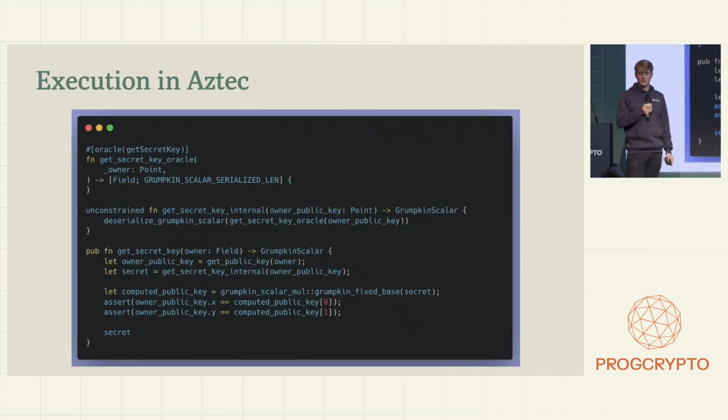To show you actually what's happening here, this is the use of the oracle again, but this is no longer within the Nargo sphere where you're working locally on your machine. This is within the Aztec execution environment, and it's actually going to be making a call to the Aztec RPC. So you've left the circuit environment completely, and you're actually accessing a database. You're fetching something from that database, which in this case is the secret key, and you're then going to be operating over it and using it in your circuit.